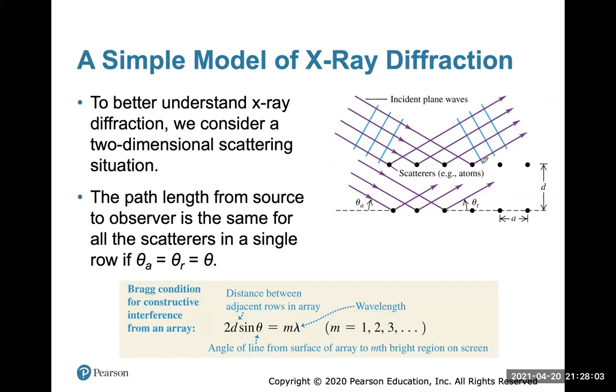Past the first row and then back to the first row. That's where this extra factor of 2 comes from. It's sort of like thin films and sort of like a diffraction grating.